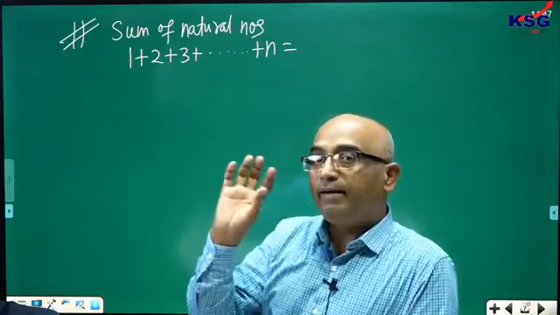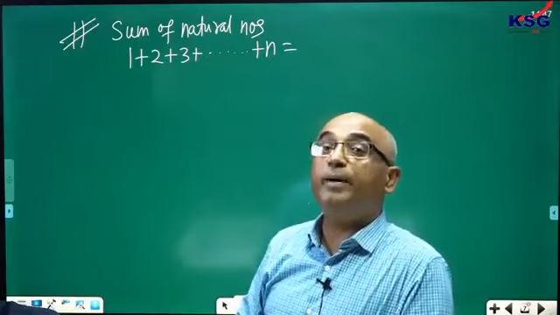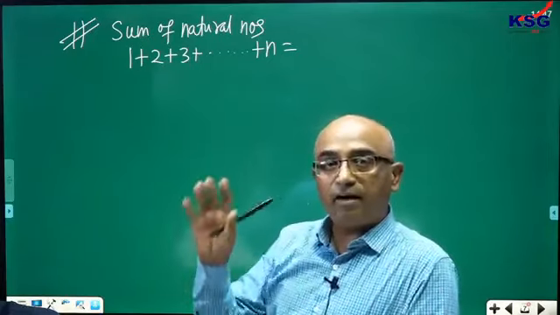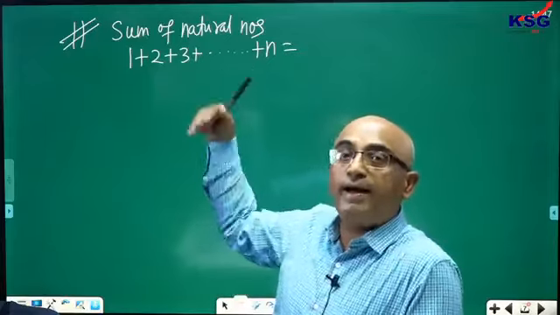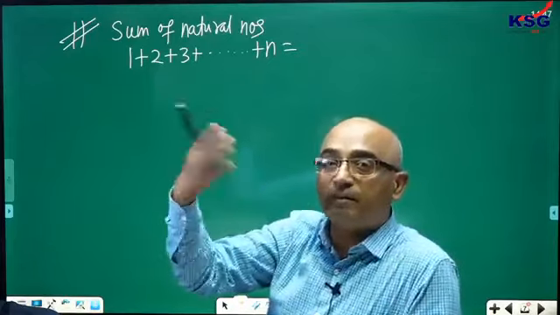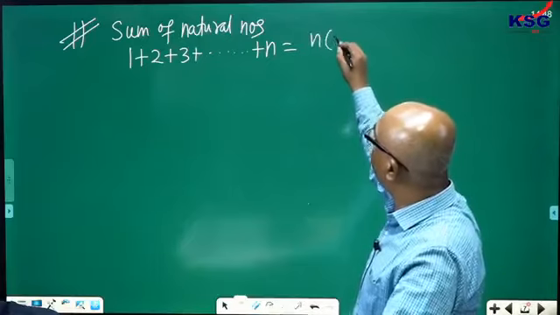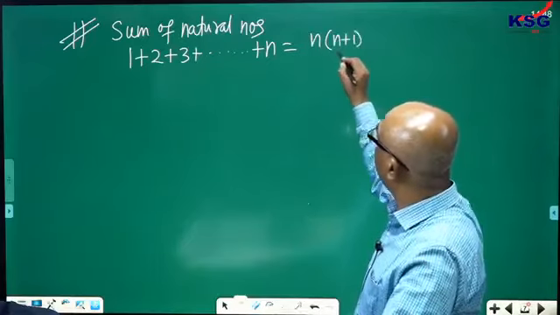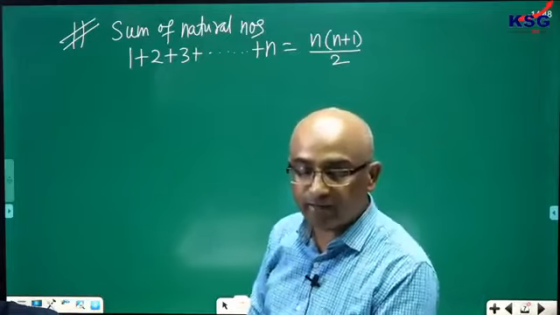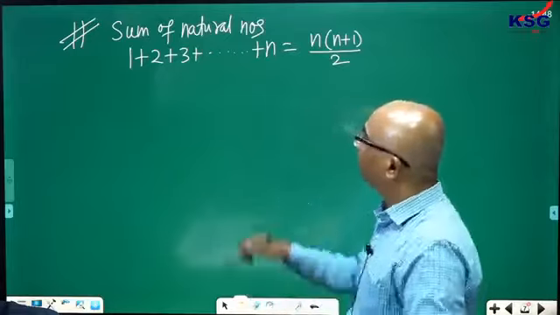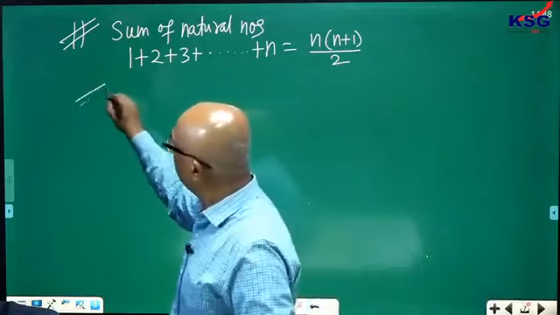Student, in 8th class there is a chapter on arithmetic progression, and in arithmetic progression the relations show how to add different series directly. So the sum of natural numbers according to the school book is directly given by n into n plus 1 by 2. This is a school relation, so you need to remember as well as recall.